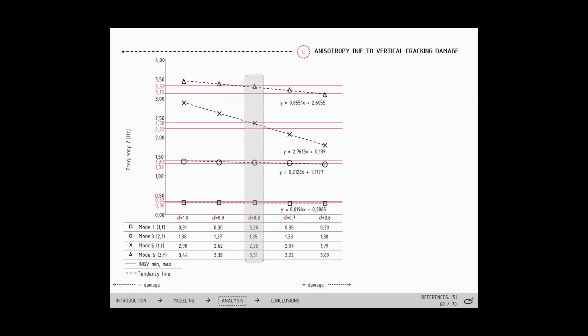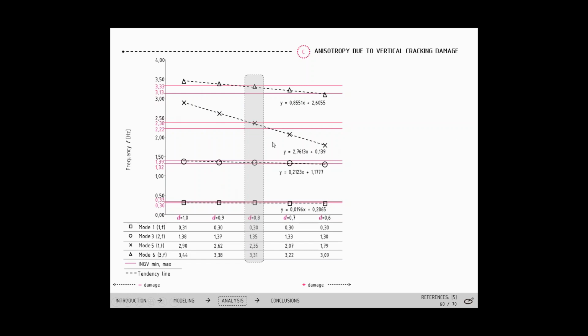So, applying this parameter gradually by assigning the different materials to the masonry and infill properties, we had different result files, and we plotted this graph showing the damage parameter against the natural frequency values for the first couple of modes. We can see again the intervals of experimental measurements of natural frequencies and the tendency line for each type of frequency, either from a bending mode, here, here, and here, or a torsional mode, right here.